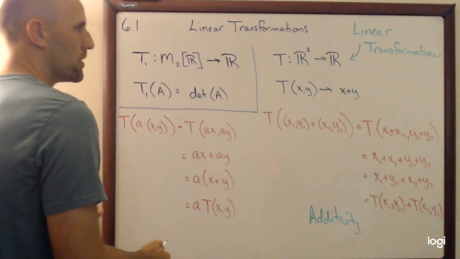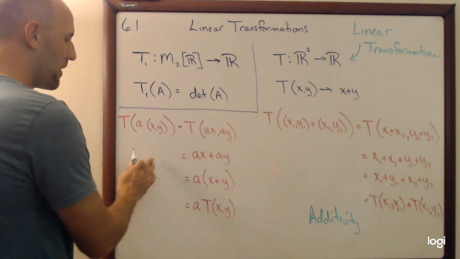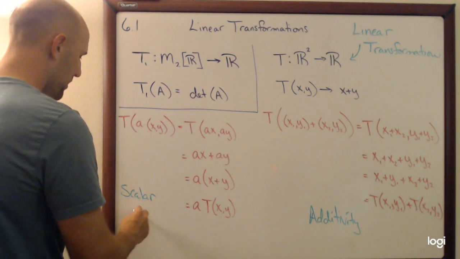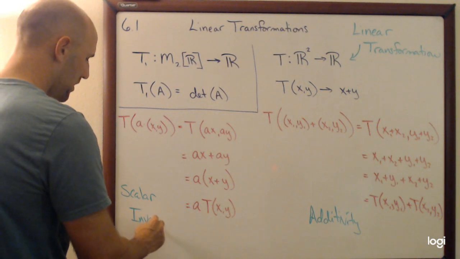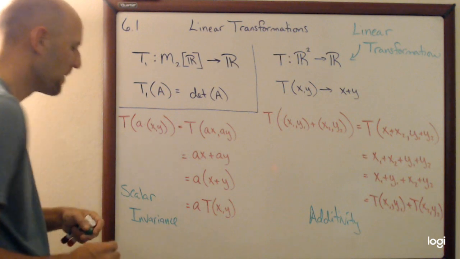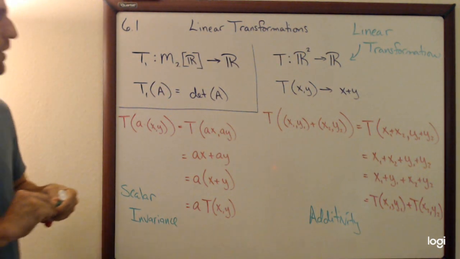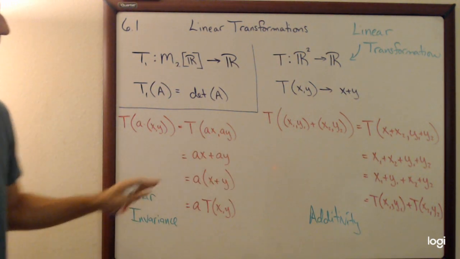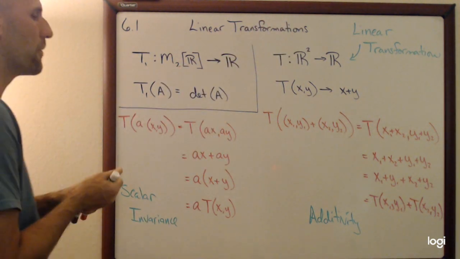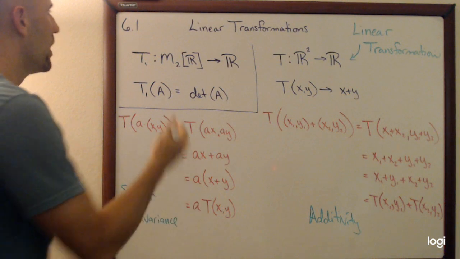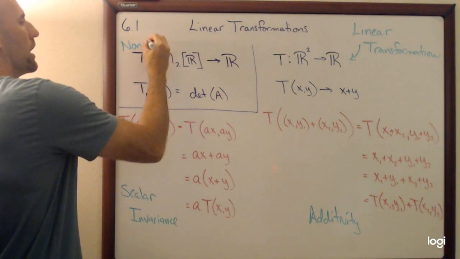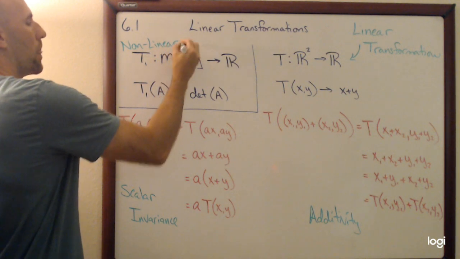So if your mapping is additive, and this one is scalar invariance. So if your transformation is both additive and scalar invariant, then it is a linear transformation. And if one of these properties does not hold, then this one is nonlinear.